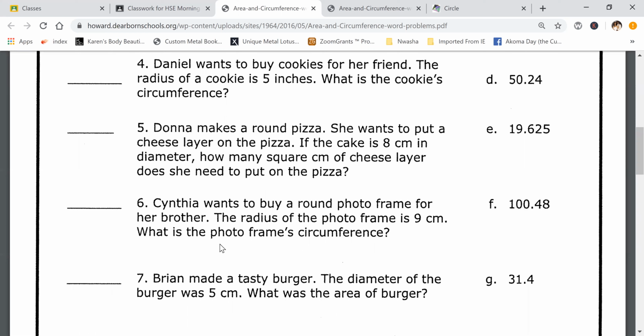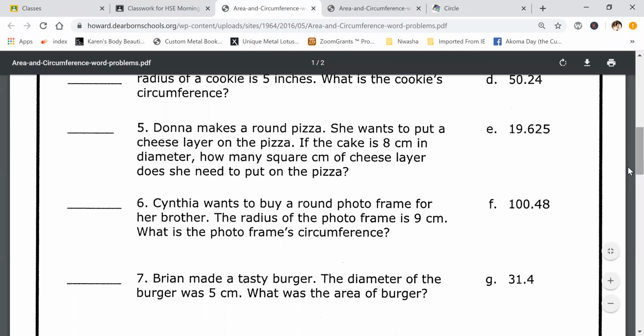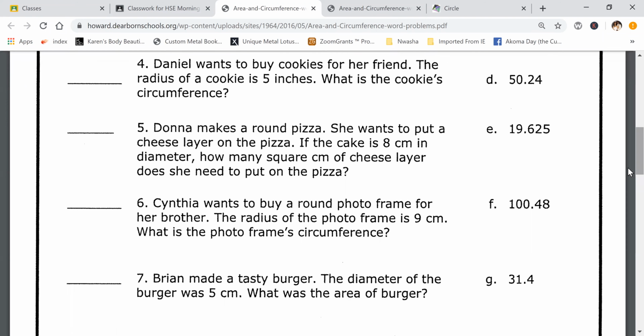Because they're telling you the radius is 9, but you need the diameter, you have to double that. So what you're really saying is 18 times pi to do number 6. And then that answer is what? A. A. So did anybody not get A?